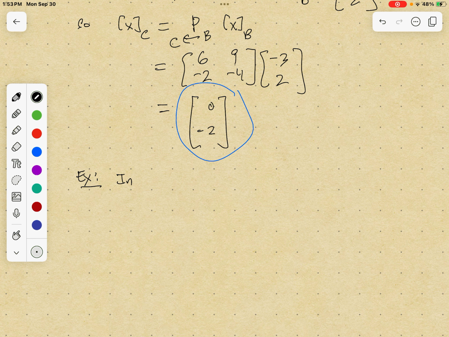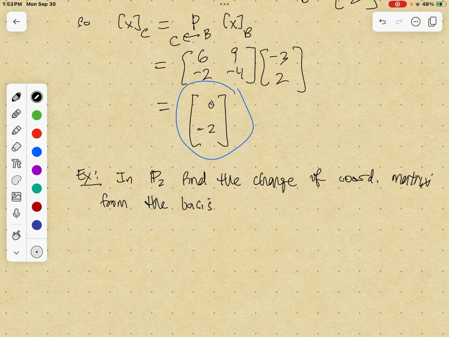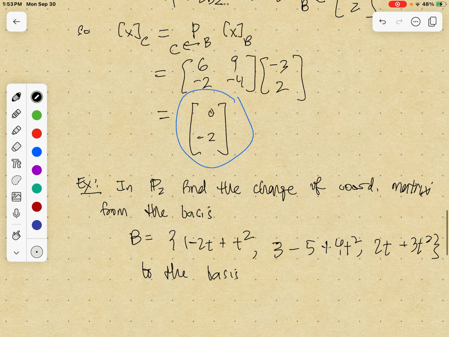So in P2, find the change of coordinates matrix from the basis B, which is 1 minus 2t plus t squared, 3 minus 5t plus 4t squared, 2t plus 3t squared, to the basis C, which is 1, t, t squared.